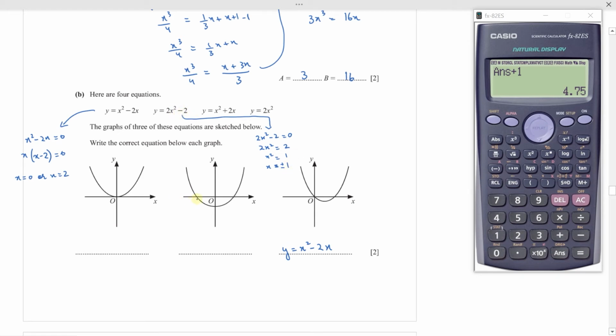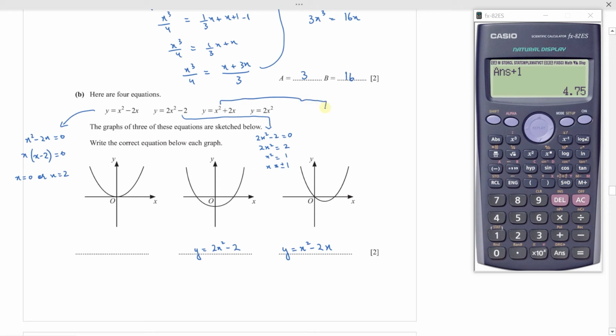So this looks like a curve where it is intercepting the x-axis at minus 1 and then at plus 1. And when x is 0, if I substitute x equals to 0 here, my y value is minus 2. So when x is 0, y value looks like minus 2. So this equation looks like it's satisfying this curve. So we can write this here. So y equals to 2x squared minus 2.